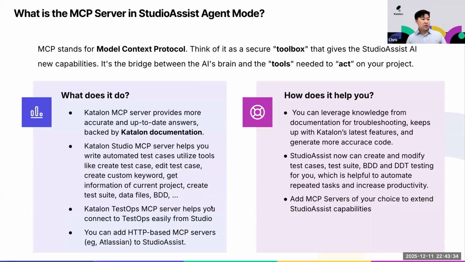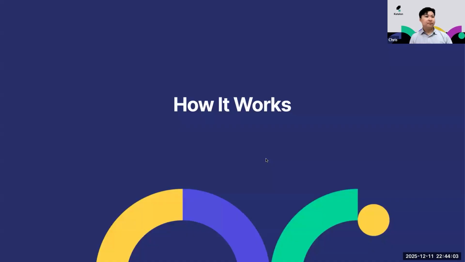And you can also add HTTP-based MCP, for example, any external MCP that you would like to have, such as Atlassian, Playwright, Azure DevOps, etc. Again, it helps you leverage knowledge from the documents for troubleshooting, update and create your tests more easily than before, and reduce the effort of manual steps.